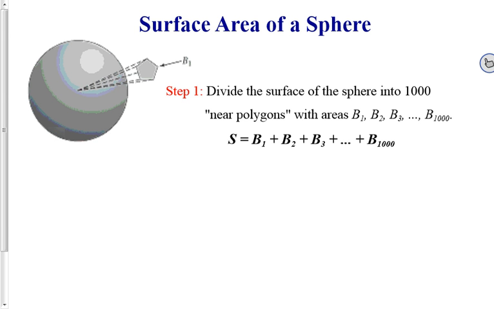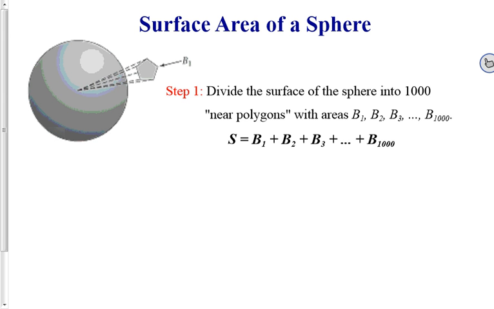The surface area of that sphere would equal the sum of all of these little surface areas. So we come up with the equation S equals B sub 1 plus B sub 2 plus B sub 3 plus ... all 1,000 near polygons.